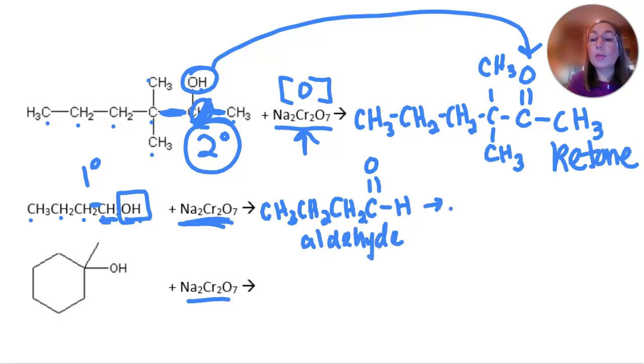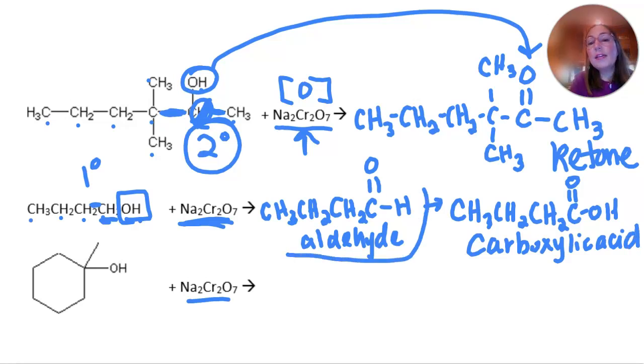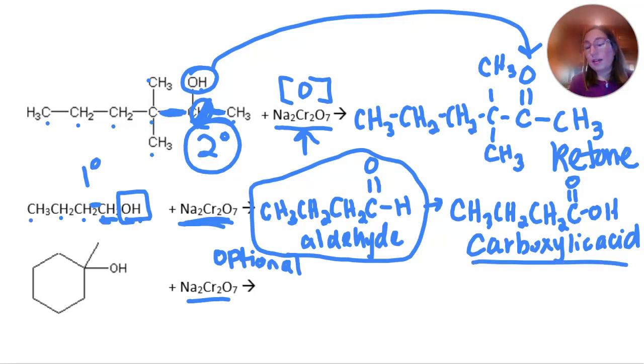We have to make sure with our primary alcohol that we go all the way to CH3, CH2, CH2, C, double bonded to O and an O and an H. We have to make sure we go all the way to the carboxylic acid with our primary alcohol. So I showed the aldehyde here in the middle, but this would sort of be optional. You really wouldn't have to. And a lot of times folks might be just interested in the endpoint, the carboxylic acid.